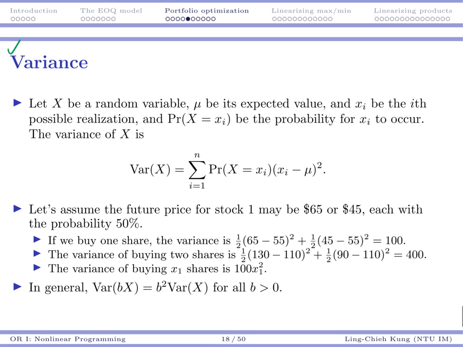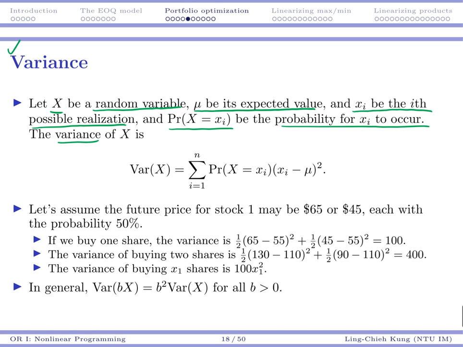We first need a way to talk about variance, so we need some review of probability. Let's say capital X is our random variable, mu is its expected value, and xi is the i-th possible realization. Let's say the probability for X to be xi is the probability of xi being the outcome.